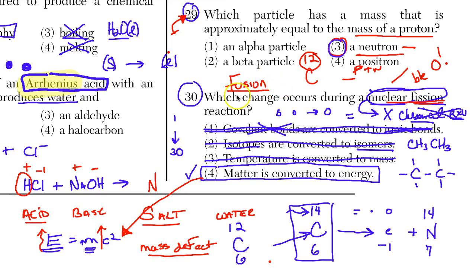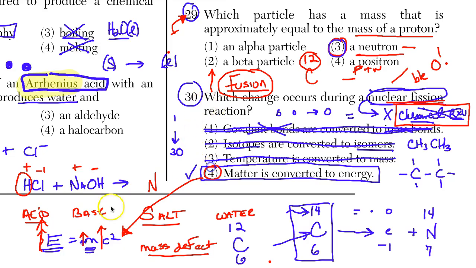And if nuclear fusion is giving off more energy, therefore there's more mass missing. That's important. So all nuclear reactions have some missing matter that's converted to energy. Nuclear fusion has a lot more because it gives off a heck of a lot more energy. But chemical reactions do not have missing mass. Their mass is always conserved.